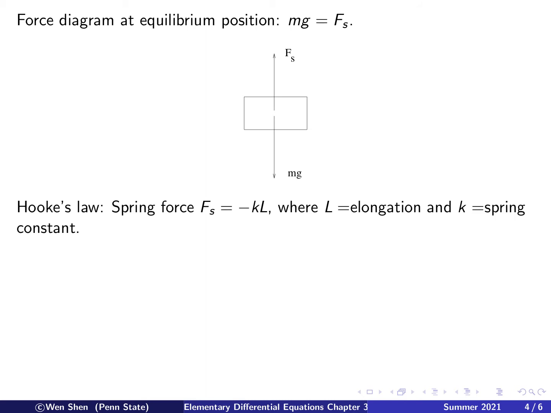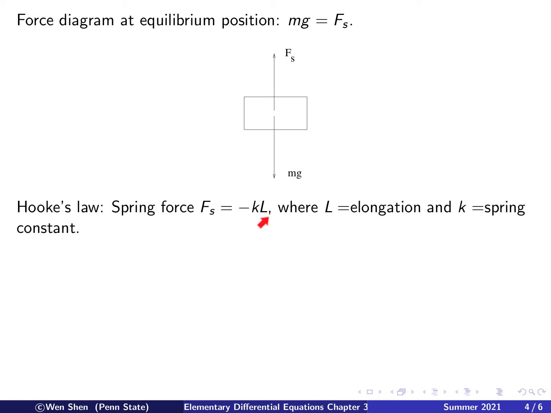Now we introduce Hooke's law for the spring force. So what is the spring force? The spring force equals negative k times L, where this L is the elongation, and k here is some constant. We call it the spring constant. So depending on your spring, k can be different.